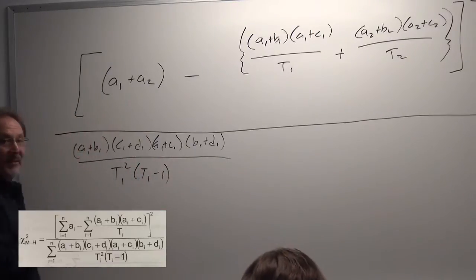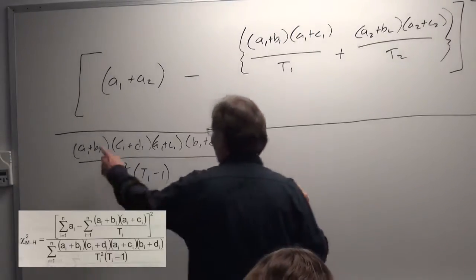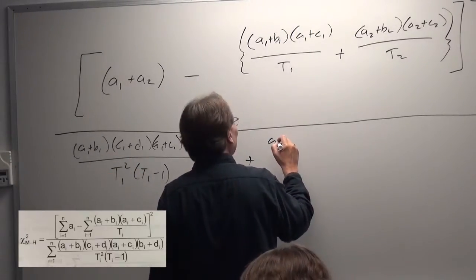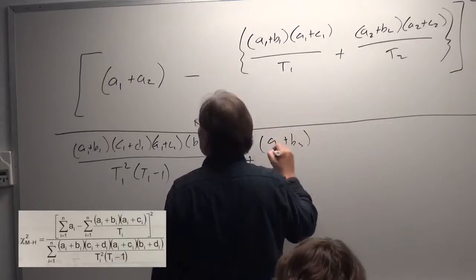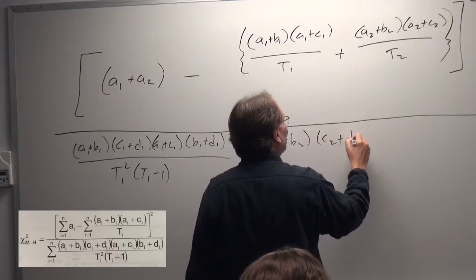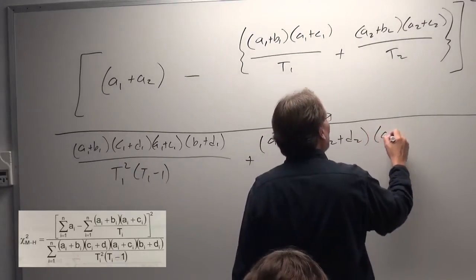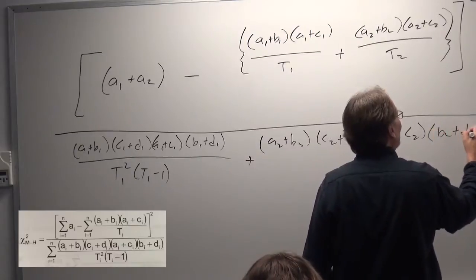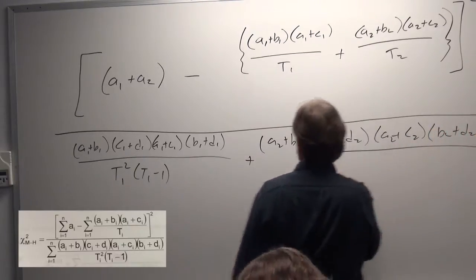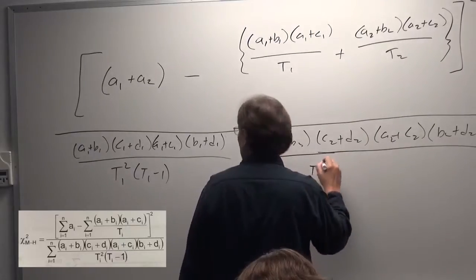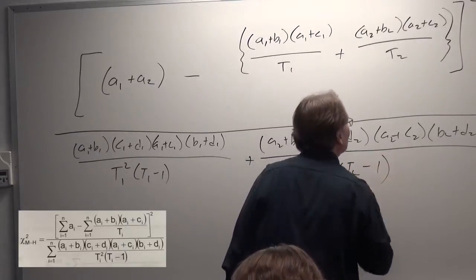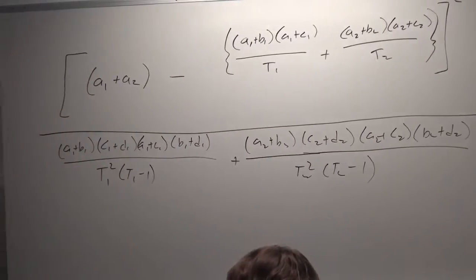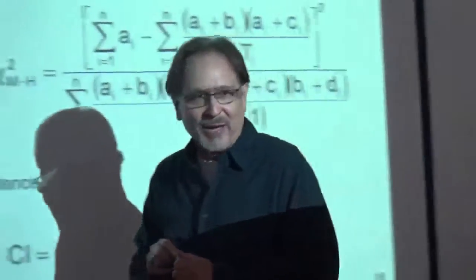And then for the second stratum, A2 plus B2, C2 plus D2, A2 plus C2, and B2 plus D2, all over T2 squared times T2 minus 1. So that's just for 2 strata. Obviously on homework I could give you more than 2 strata, but on the exam, no more than 2 strata.